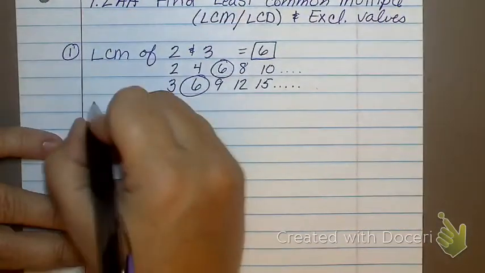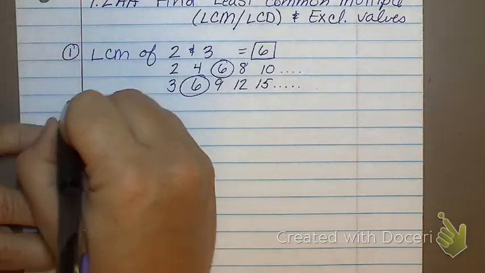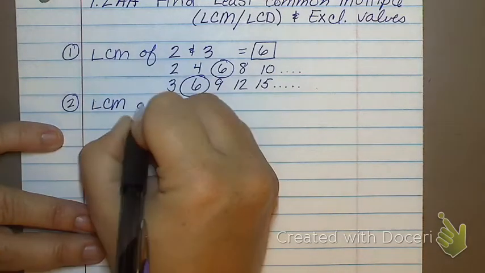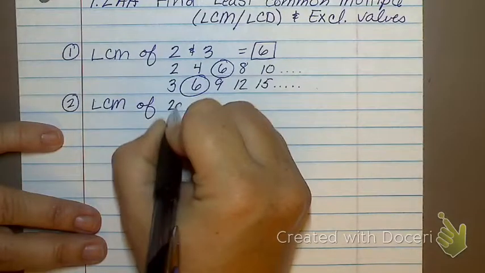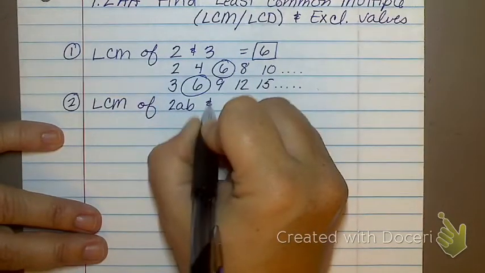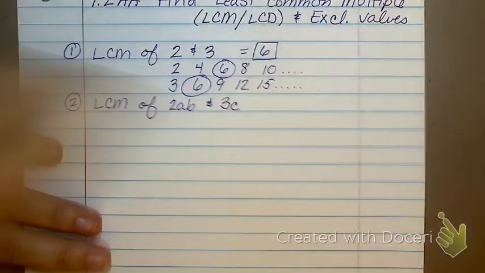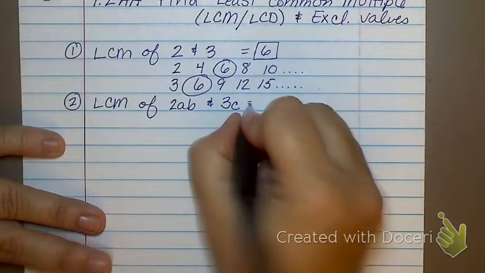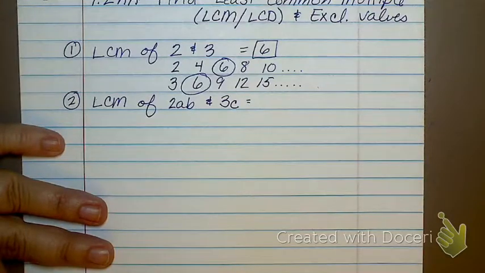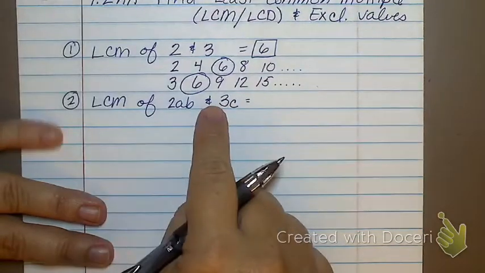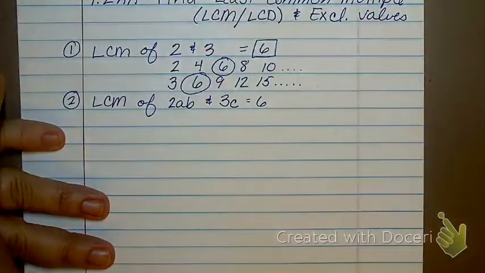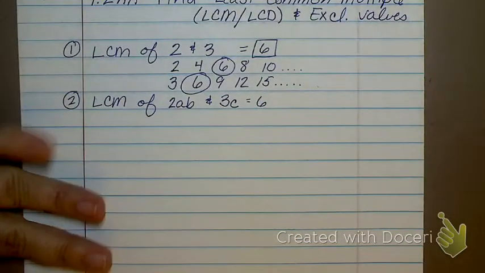Good answer. So what if I took that a little bit further and I said find the LCM of 2AB and 3C? Well, I know the least common multiple of 2 and 3 is what? 6. As soon as we get letters, in a sense, you're squishing them together.